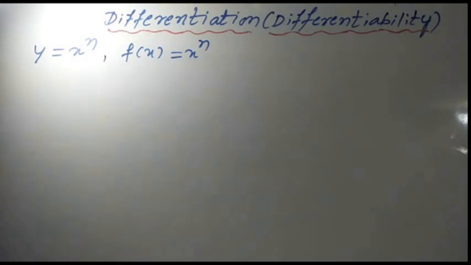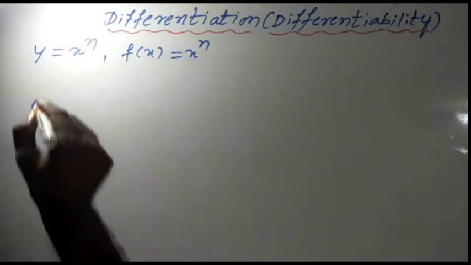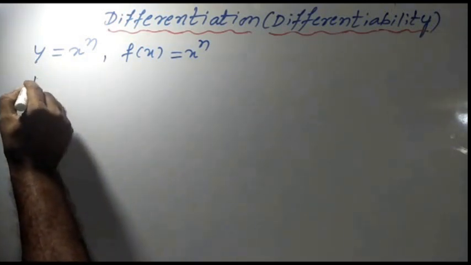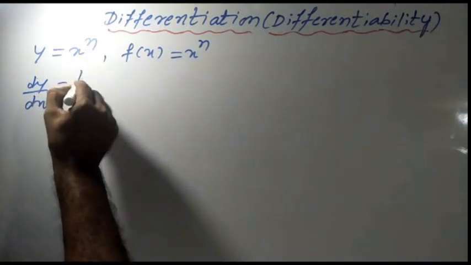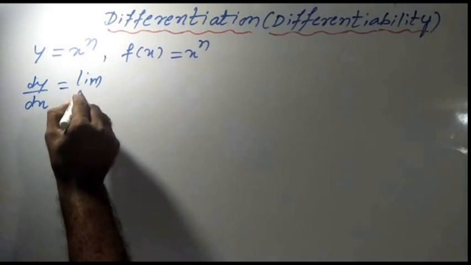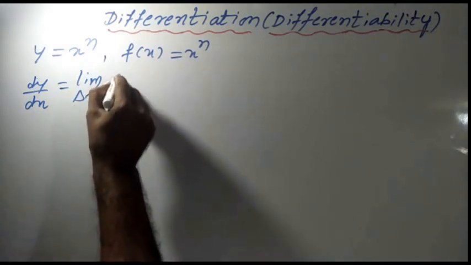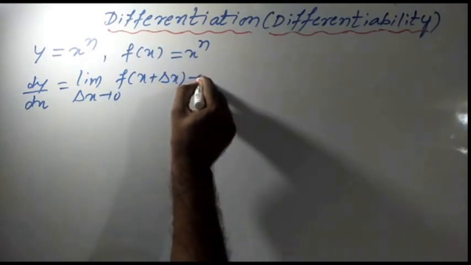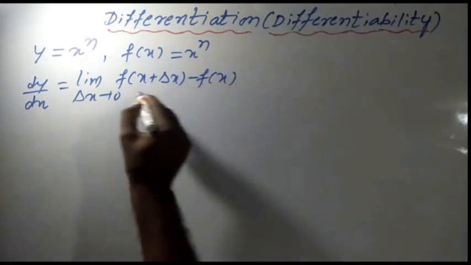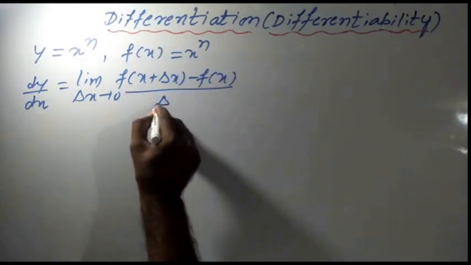Already we know the first principle, that is dy by dx is equal to limit as delta x tends to 0 of f of x plus delta x minus f of x, whole divided by delta x.